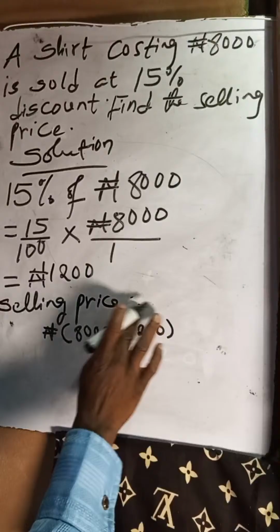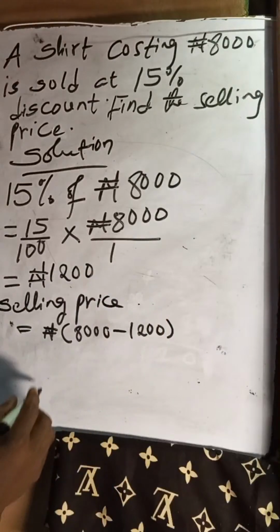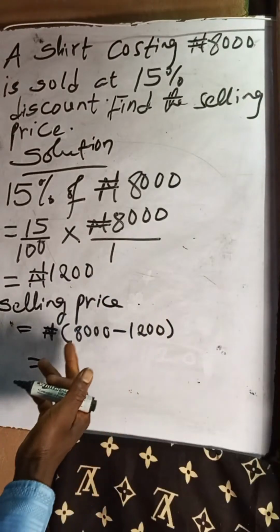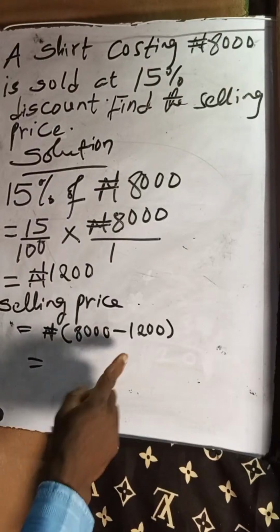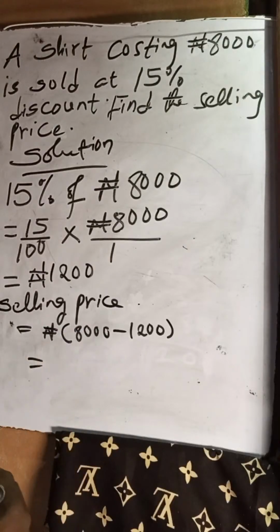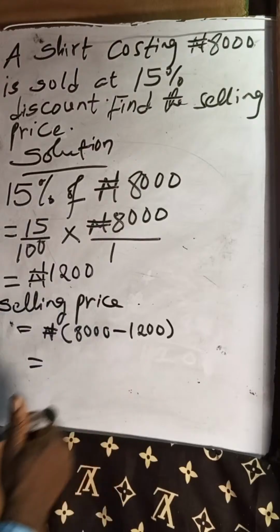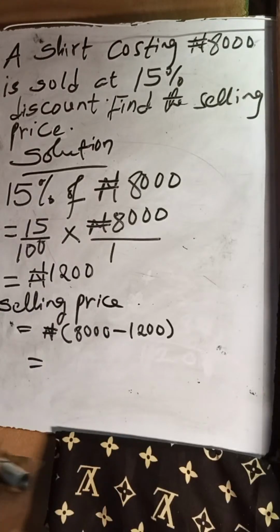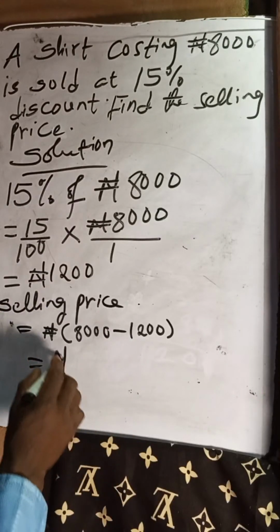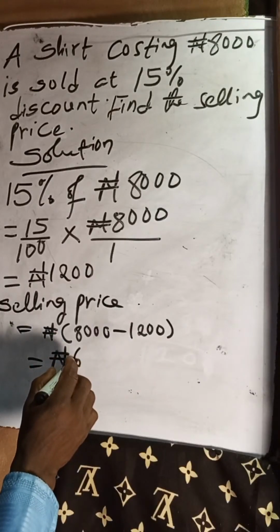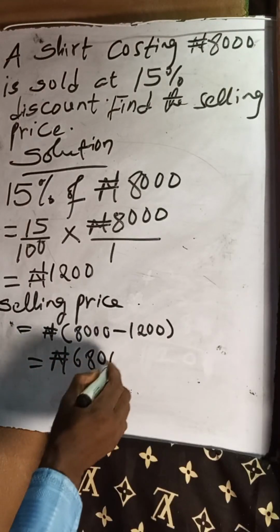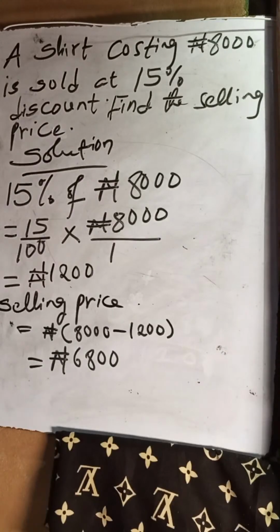If I take 8,000 minus 1,000 is 7,000, and 7,000 minus 200 is 6,800, which means I'm going to pay 6,800 naira.